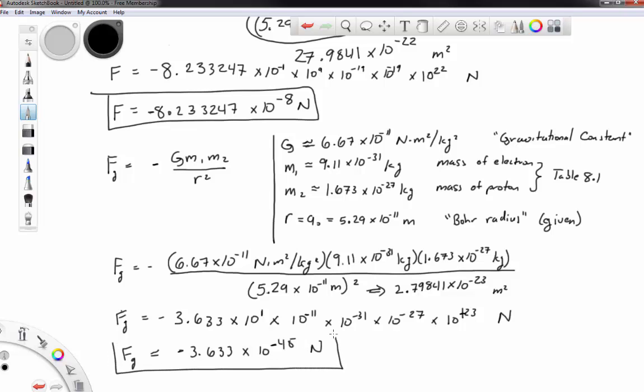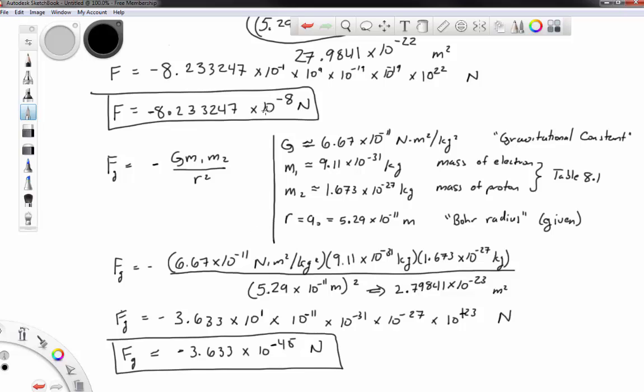I did that for the interesting point of contrast. This was the electrical force between the two. Here's the gravitational force between the two. The most important thing here is this power of 10. For electrical force, it was a power of -8. For this one, it was a power of -45.